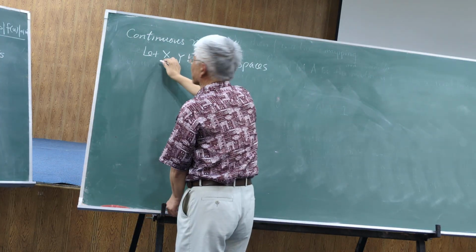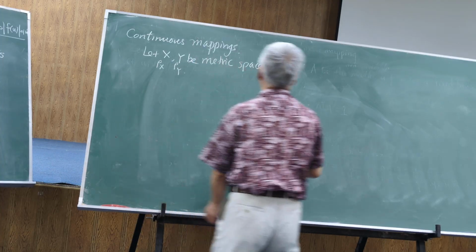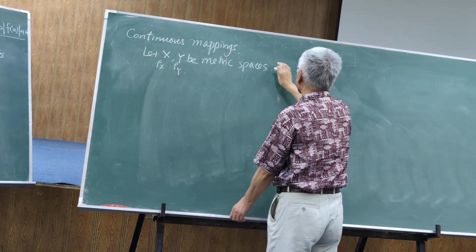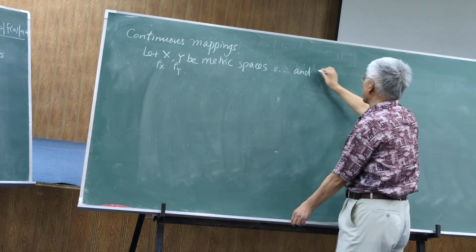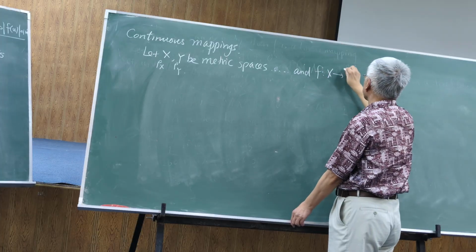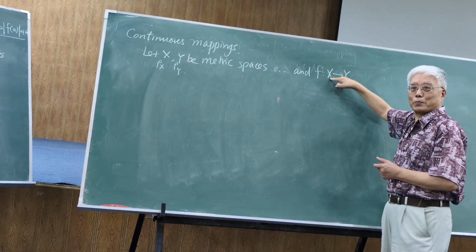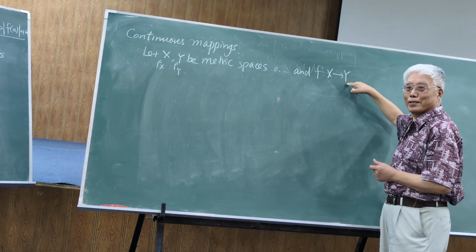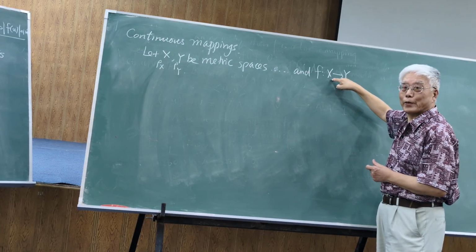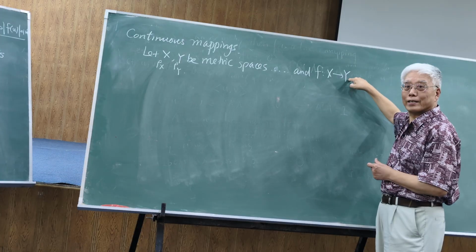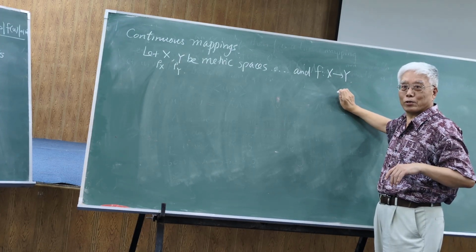distance functions. These are distance functions, rho x and rho y, and f is a mapping. If this space is a vector space and this is the ground field, what do analysts call these mappings? The function theorist analyst will call it some name.